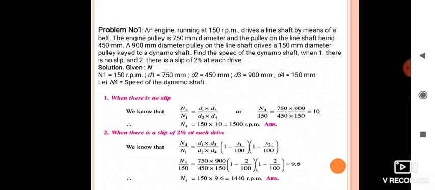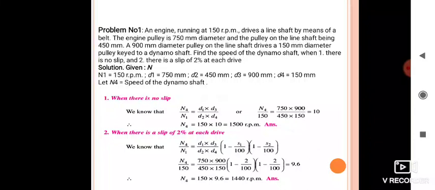In this problem the given data are n1 is equal to 150 rpm, d1 750 mm, d2 450 mm, d3 900 mm, d4 150 mm, and n4, the speed of the dynamo shaft, we need to find. Two conditions are given: there is no slip and there is a slip.